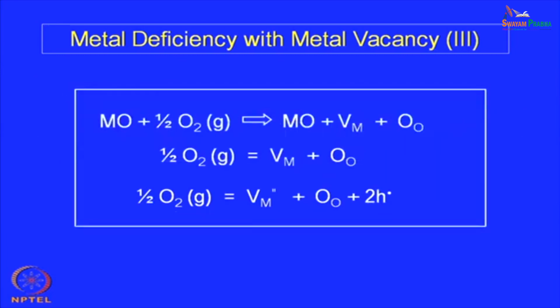So, the final reaction is like this: half O2 gas going to a metal vacancy, a lattice site of oxygen, and 2 holes. That is the ultimate result, and these are the different steps by which one can understand why we are writing this.